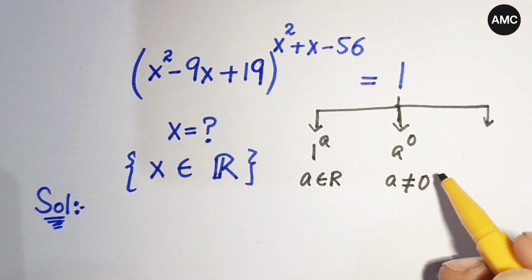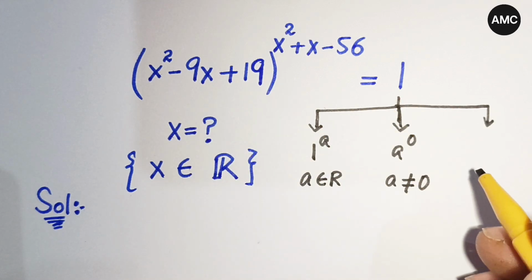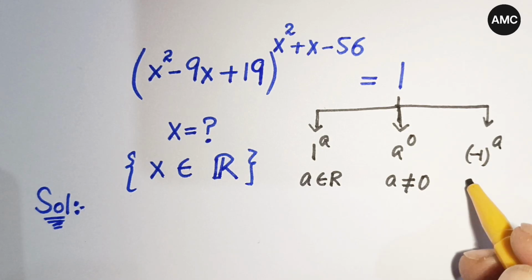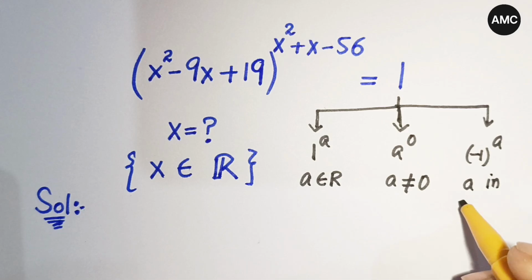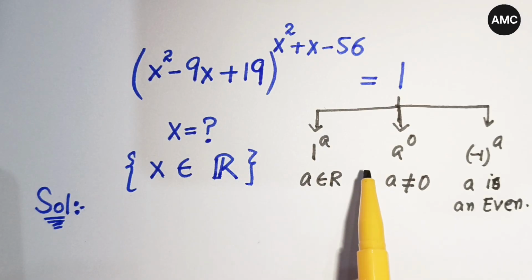And if we equal the left-hand side to (−1) to the power a, which is our third case, a is an even number. Now we have to solve these three cases.